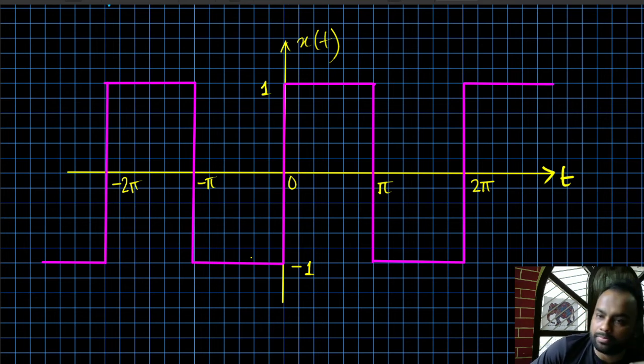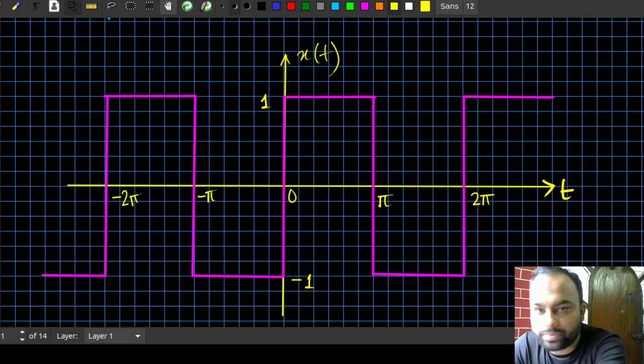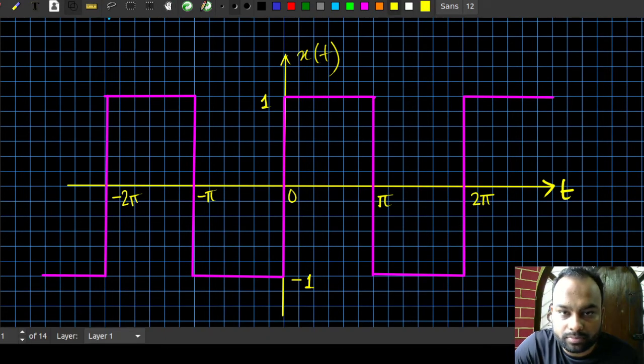So this is the pulse, rectangular pulse or square pulse, whatever you want to call it. It's often known as a square wave, even though it might be a rectangular wave. Anyway, does not matter. It's a pulse for all intents and purposes. So let me change it to extend.